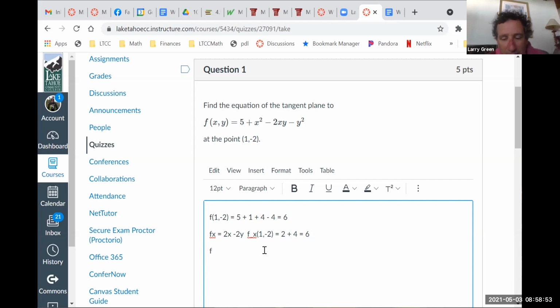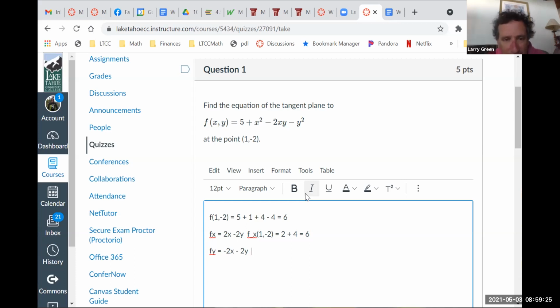Then we need f sub y. So the derivative of 5 with respect to y is 0. The derivative of x squared with respect to y is also 0. The derivative of minus 2xy with respect to y is minus 2x. And the derivative of minus y squared with respect to y is minus 2y. So now I need to plug in 1, negative 2.